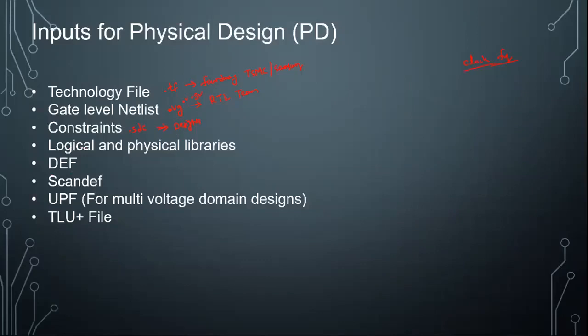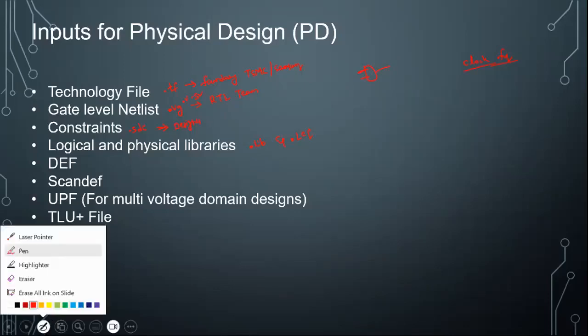And the very important one is the logical and physical libraries, that is nothing but .lib and .lef. For example, in a Verilog code, I just defined an AND gate. I want to understand what the delay is.